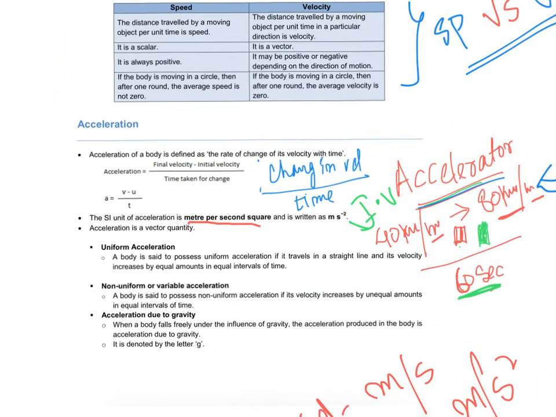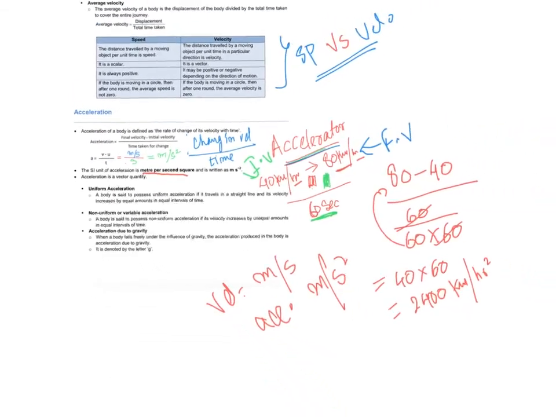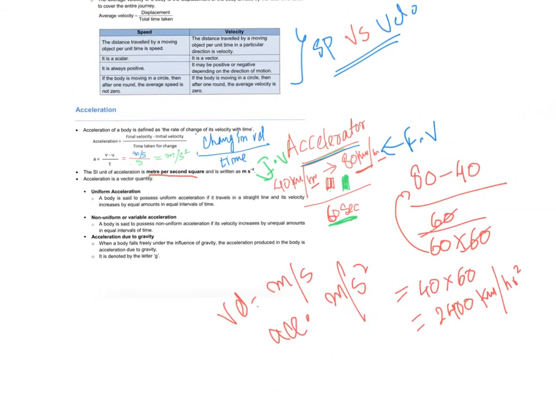See this formula: on top, v minus u, we have meter per second, and below we have second. So this second comes down unit-wise, so it will be meter per second square. That's the unit of acceleration. By definition it is the rate of change of velocity.